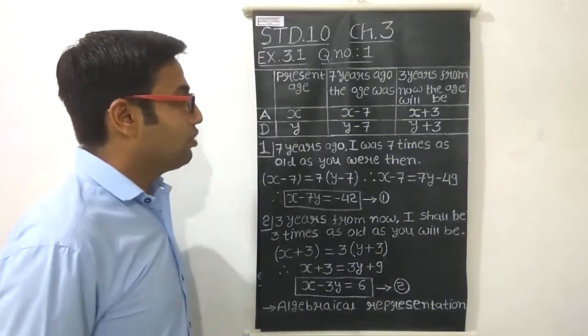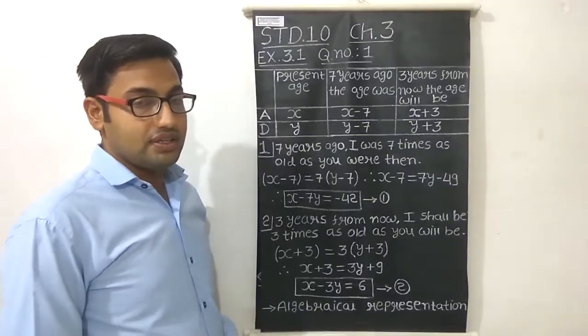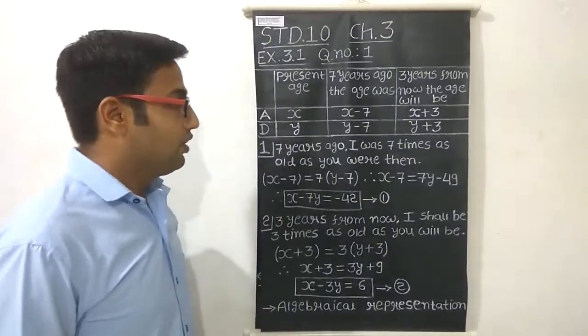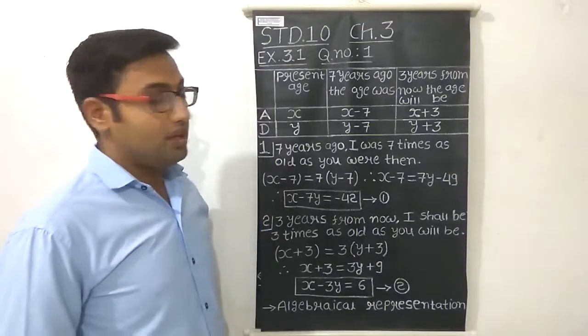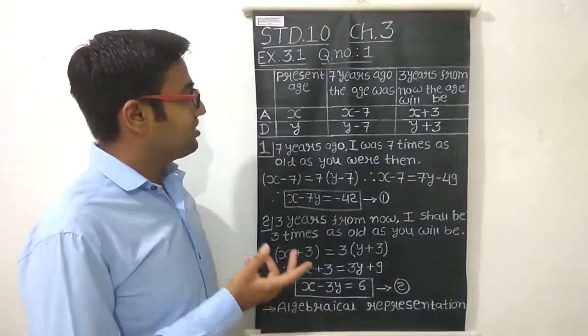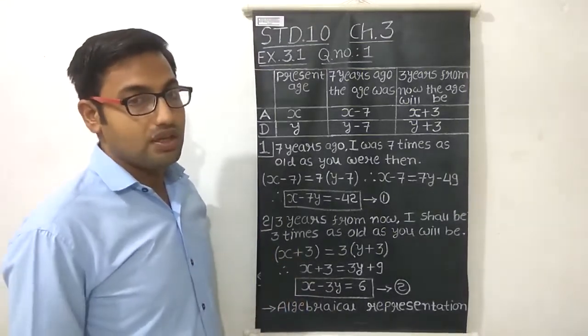So there are two situations given and we have to represent them algebraically and graphically. Here we do not know the ages of Aftab and his daughter.